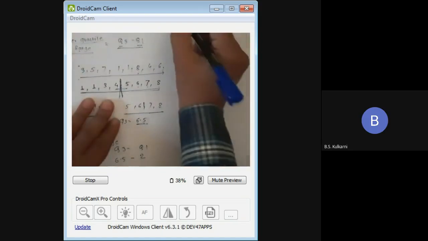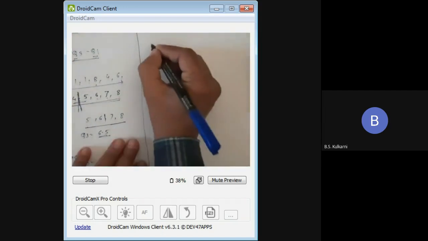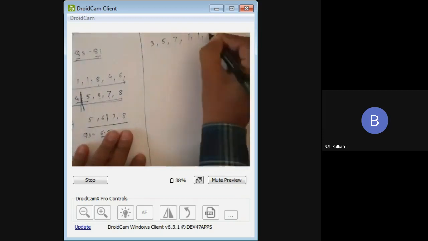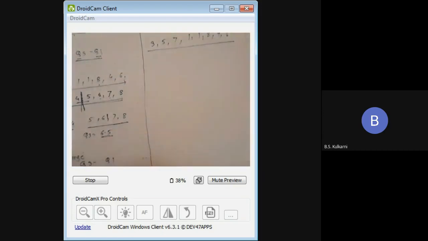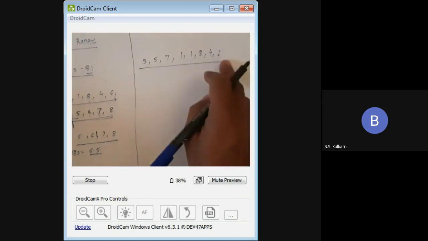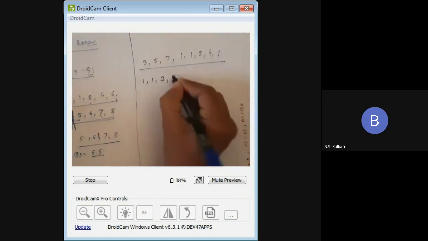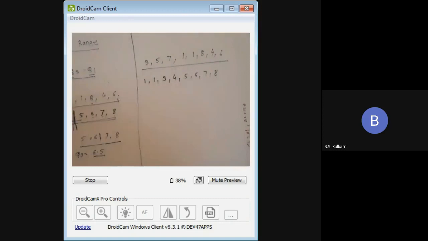Okay. Same example we are going to take. अब देखो मेरे पास ये सीरीज है 3, 5, 7, 1, 1, 8, 4, 6. पहला स्टेप क्या है, जो सीरीज मुझे दी गई है वो सीरीज को मुझे असेंडिंग ऑर्डर में पुट करना है. तो असेंडिंग ऑर्डर कैसा हो गया इसका? 1, 1, 3, 4, 5, 6, 7 और 8.